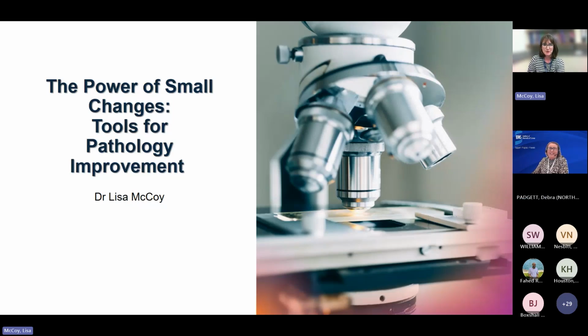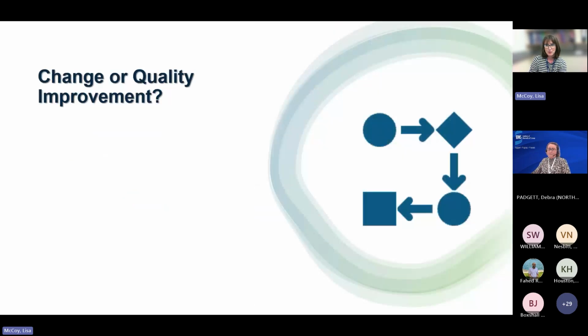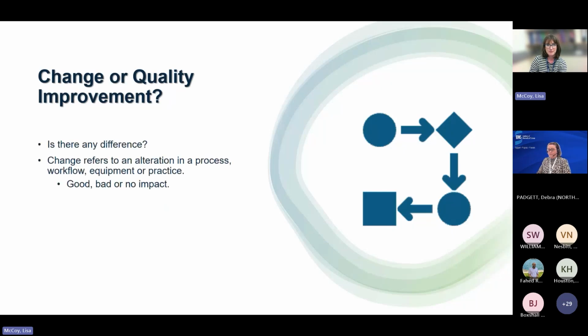So today I'm going to be talking about tools that we can use for quality improvement projects within our pathology services. And really what I thought I would kick off the session by asking is, what's the difference between change or quality improvement? Is there any difference? Well, there are subtle differences, and change refers to an alteration in a process, a workflow.